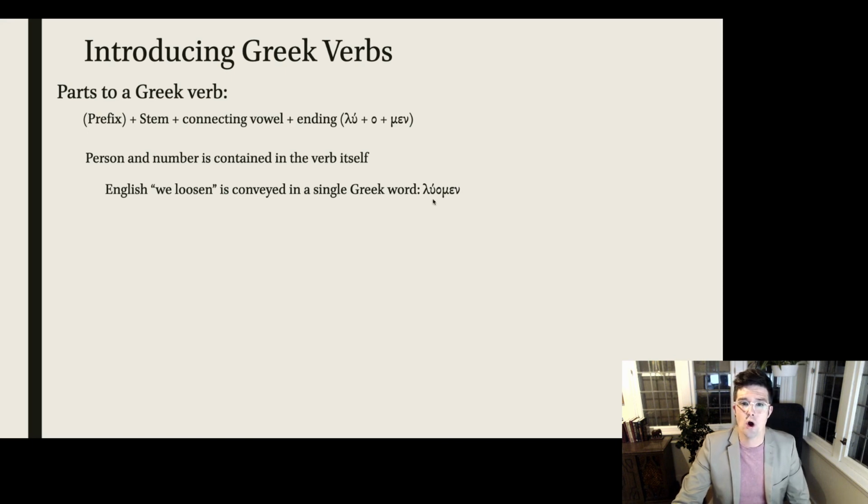But if you see this omen here, the omicron that makes the O sound is going to be the connecting vowel. And then the men is going to be the first person plural ending that indicates that we. So Greek does not have to utilize a personal pronoun to suggest who is doing the action. It's all contained within the Greek verb itself.